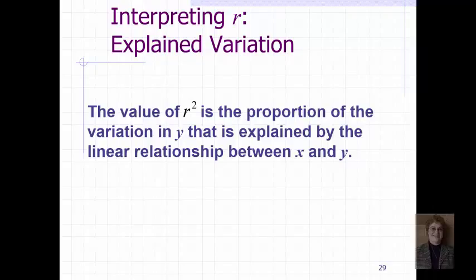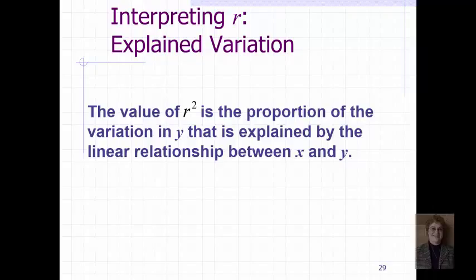If we took that number, 0.813, and squared it, we get 0.661. What that means is about 66% of the variation in height is explained by the relationship between the lengths of shoe prints and heights. So that means about 34% of the variation can't be explained.